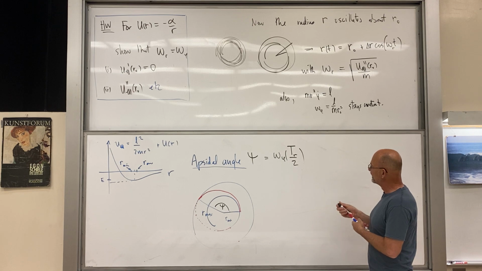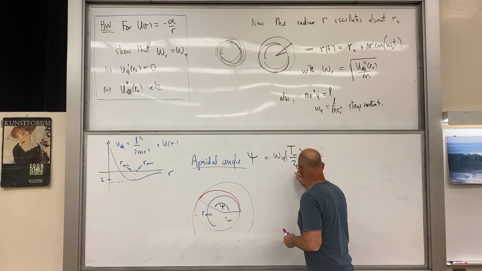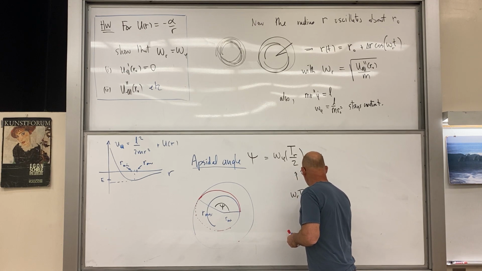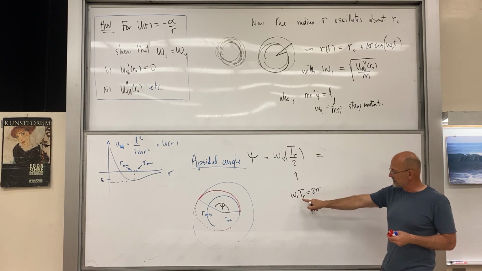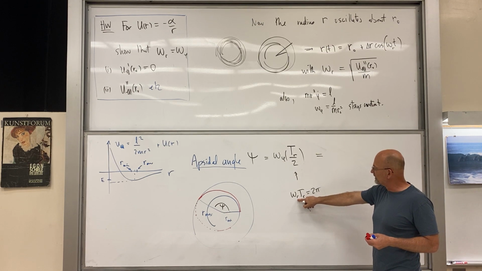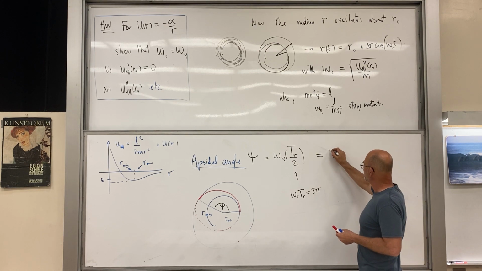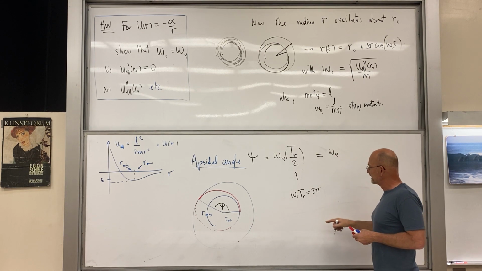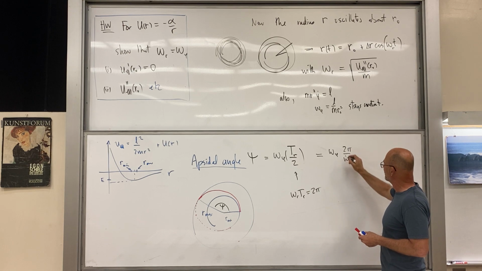Okay, there's another way to look at this though, and that is, we can also use omega sub r times T sub r is equal to 2 pi. Right? Omega t is 2 pi, so for the radius oscillation, that's the case. And we'll make a substitution. We get omega sub phi times T sub r, which is 2 pi over omega sub r.